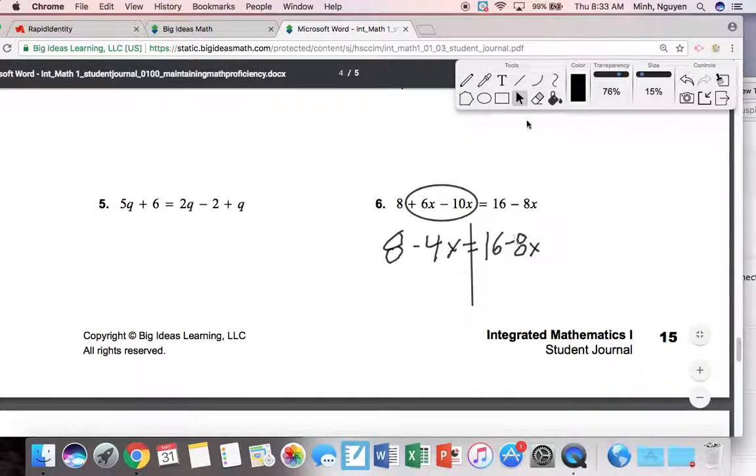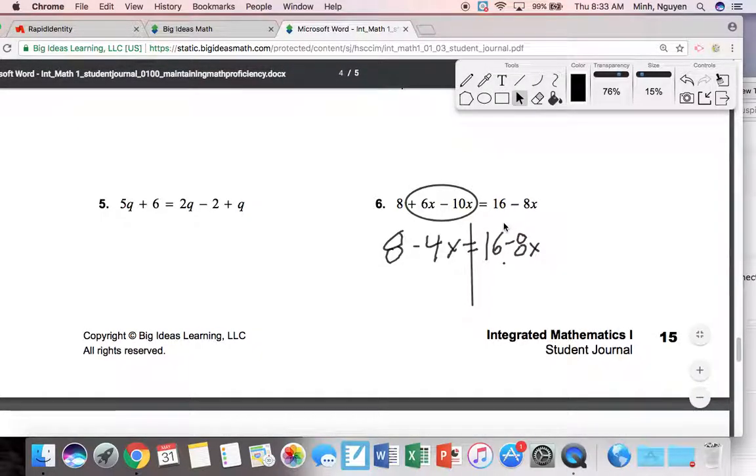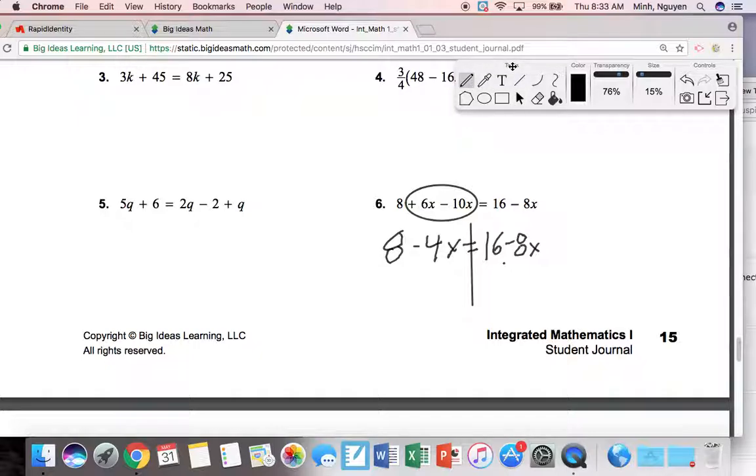You will add 8x because that is the inverse operation of subtraction. And then after you do that, you will subtract 8 because this is a positive 8. And then you will divide both sides by whatever number that the variable is being multiplied by. And you should get, let's see, plus 8x, 8 plus 4x. You should get x equals 2.